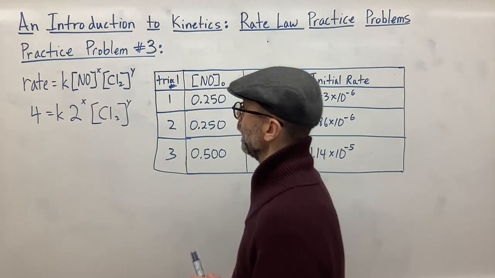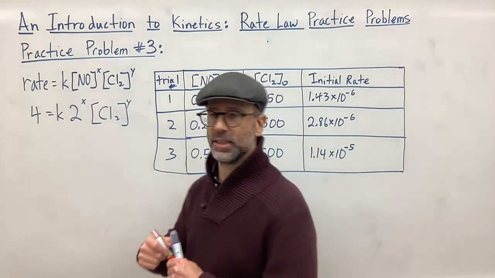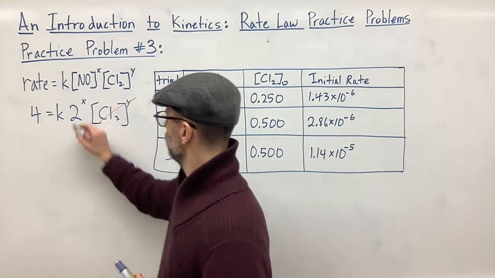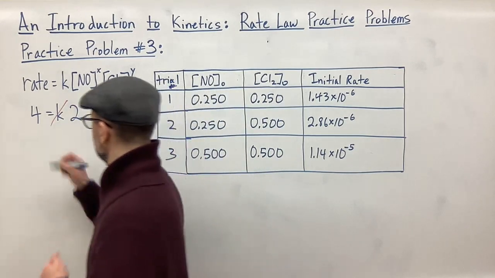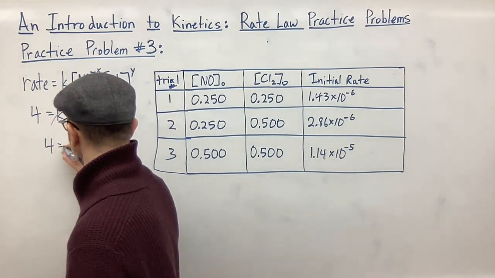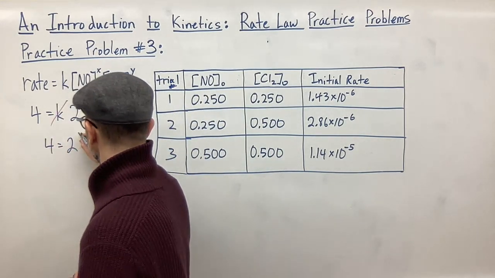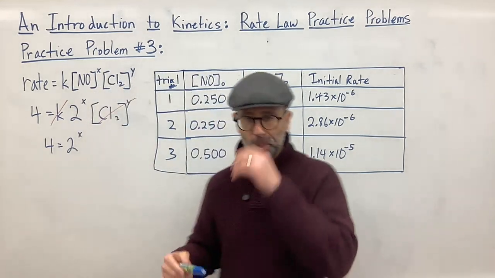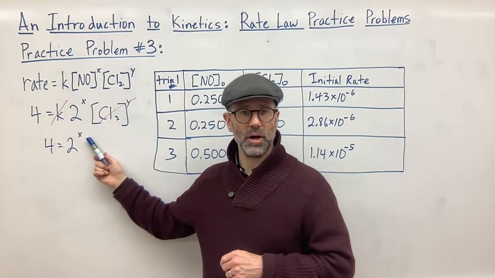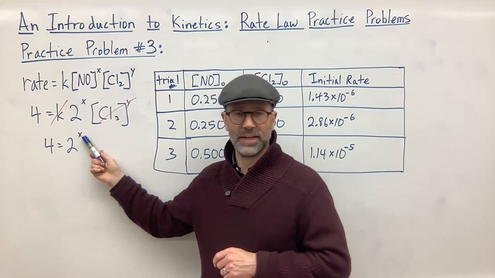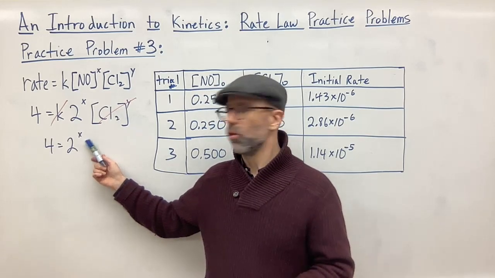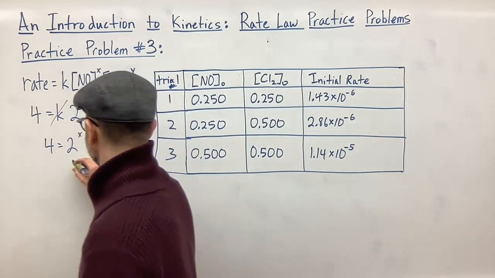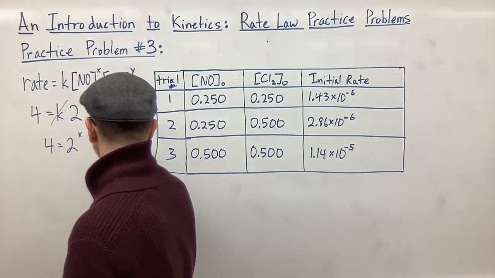Again, since k and Cl2 are constant, we get rid of those from our equation, and we get 4 is equal to 2 to the X power. So 2 to what power gives us 4? Well, that's going to be 2. 2 raised to the 2 power is 4. So that means X is equal to 2.